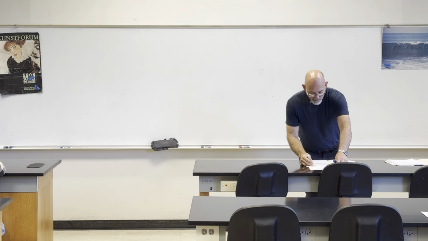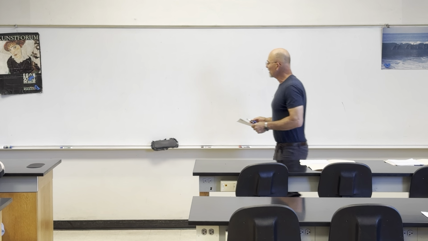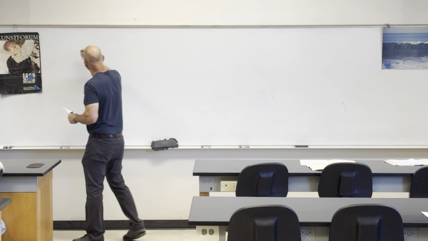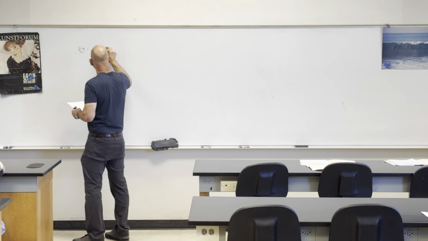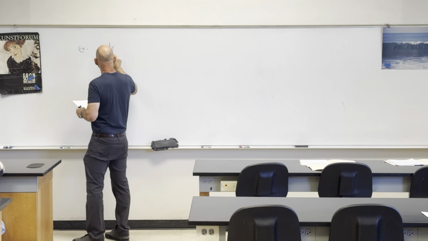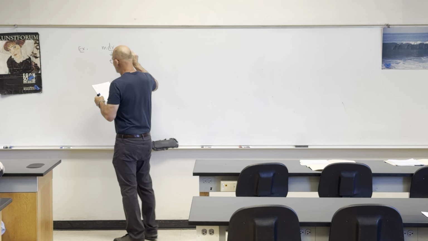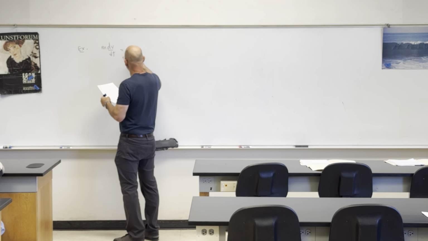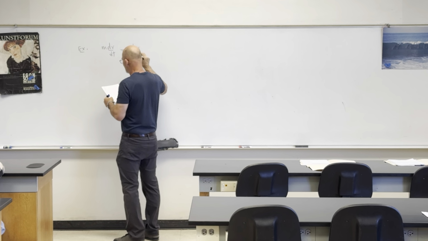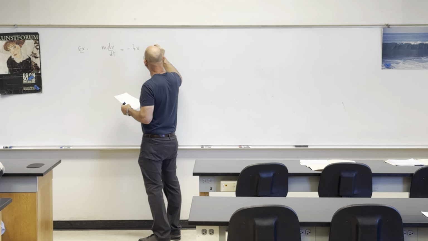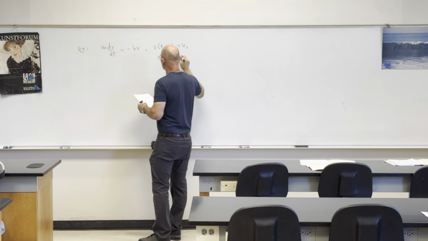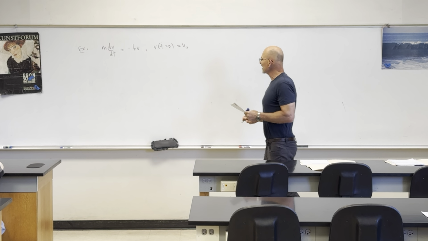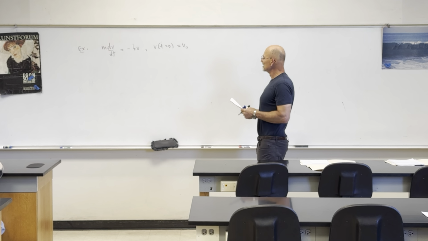Okay. So this was from the first midterm. And this example here, m dv dt equals minus kv, and we had v of t equals 0, v sub 0. So that was something that was sliding with linear friction law.